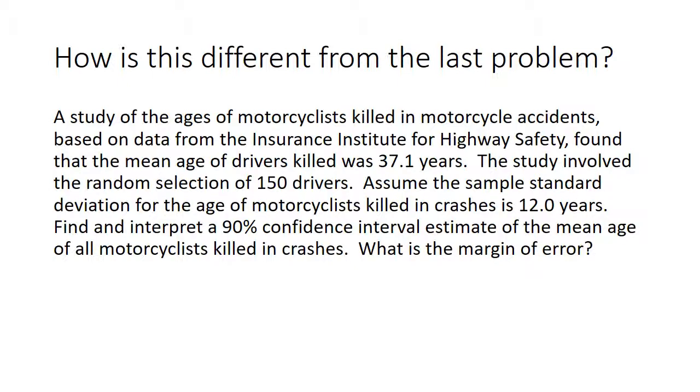We have a sample mean, and here we have a sample standard deviation, not a population standard deviation. We will be using a T distribution, a student T distribution, not a normal Z distribution. And in this case, we are going to find a 90% confidence interval. We are less confident in this problem that our true population mean will fall within the confidence interval that we give.